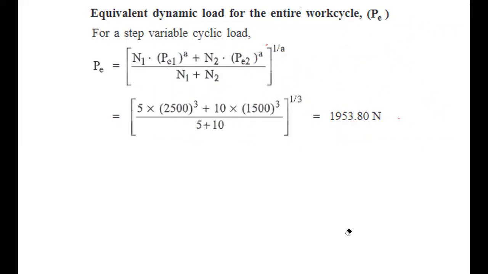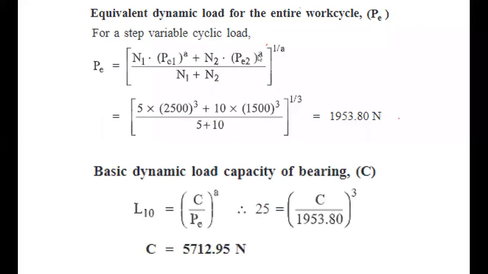Once we have found out this, we can use the load life relationship already given. This is already given to us. This is the unknown, and P we found out right now, which is 1953.70. So dynamic load capacity will be 5712.95 Newton. Again, they have not told us to find out the bearing.